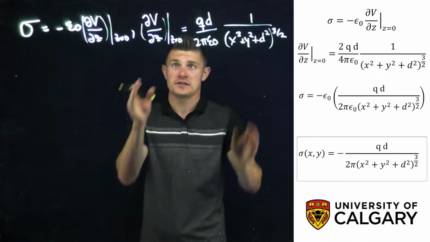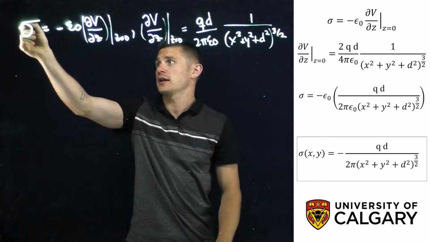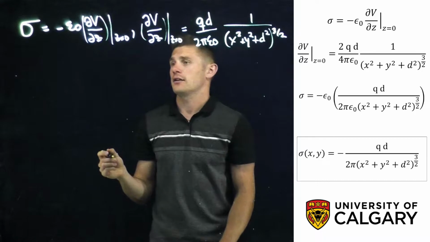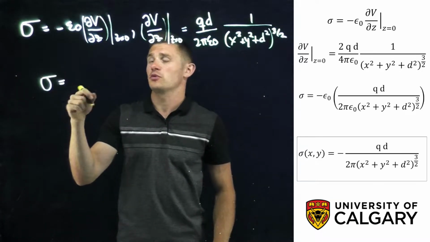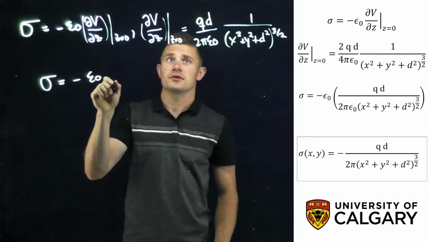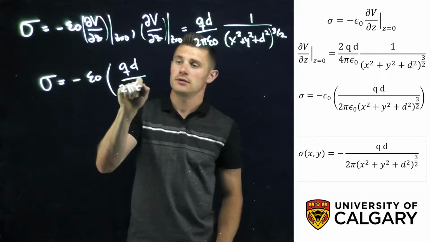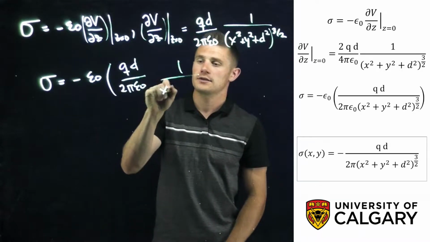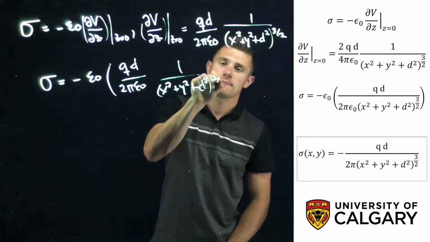So now that we have found this derivative evaluated at z equal to 0, we can plug it into this equation here on the left and find out what the total induced surface charge distribution will be for our infinite conducting plane. So we have minus epsilon naught, and we'll plug this in, Qd over 2 pi epsilon naught, times 1 over (x squared plus y squared plus d squared) to the 3/2.